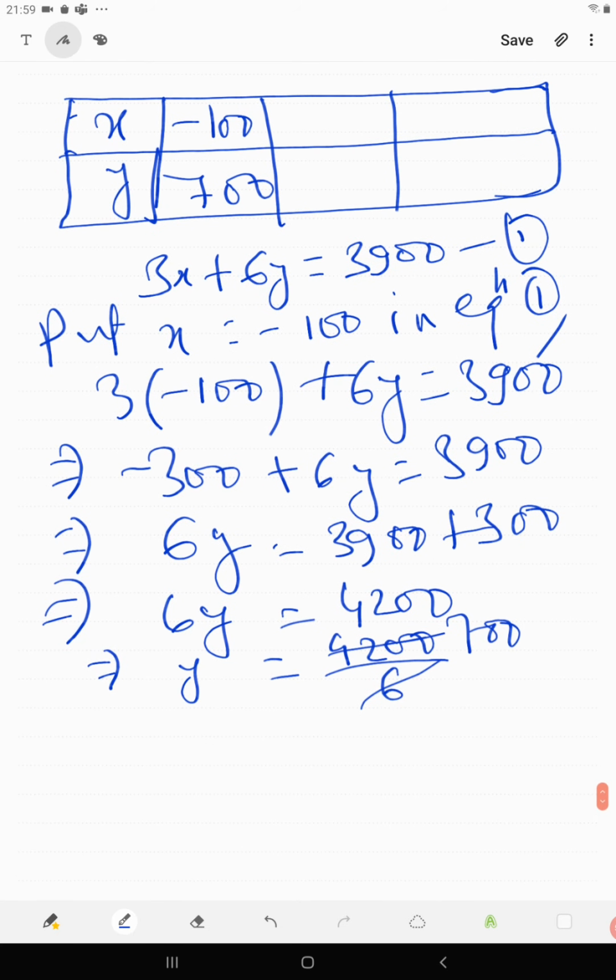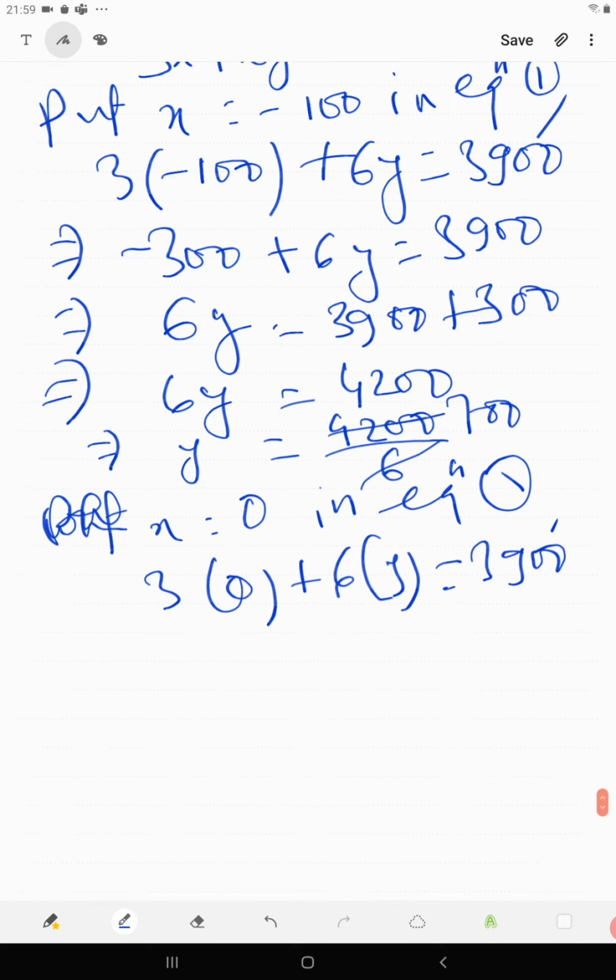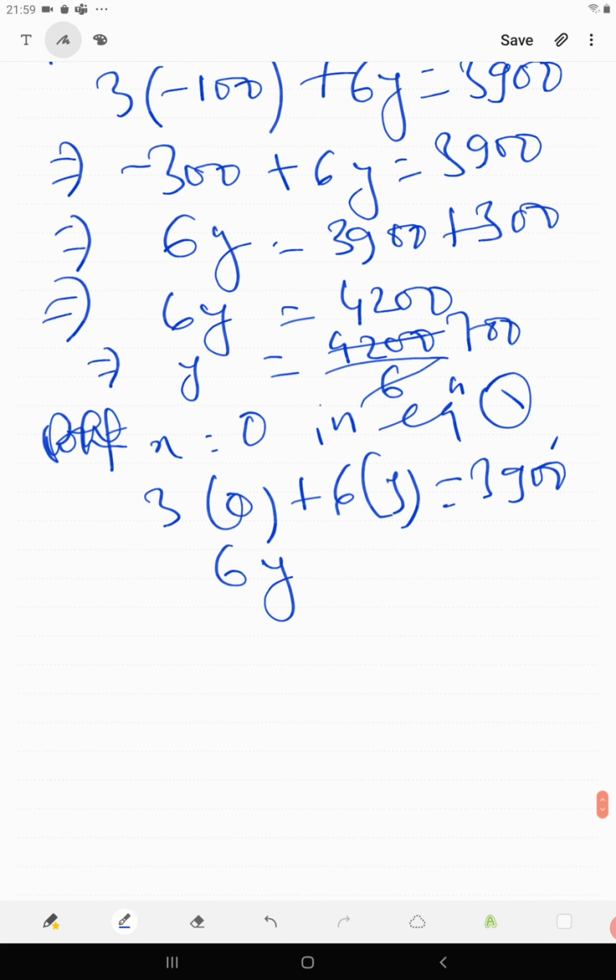Let's take x as 0. So when x is 0, put x equals 0 in equation 1. So what will we get? 3 into 0 plus 6y equals 3900. So 6y equals 3900.